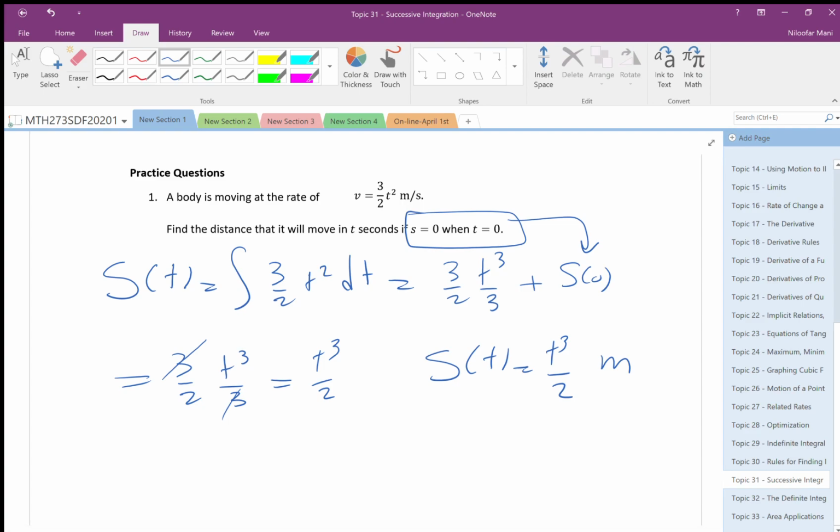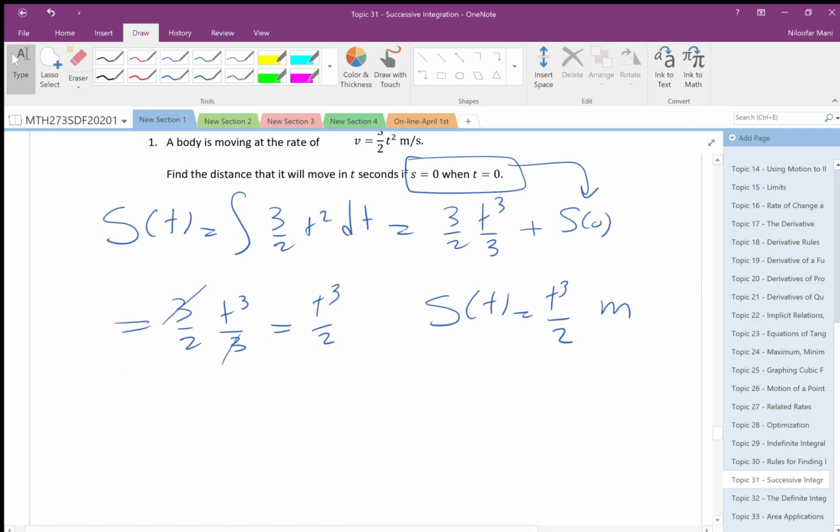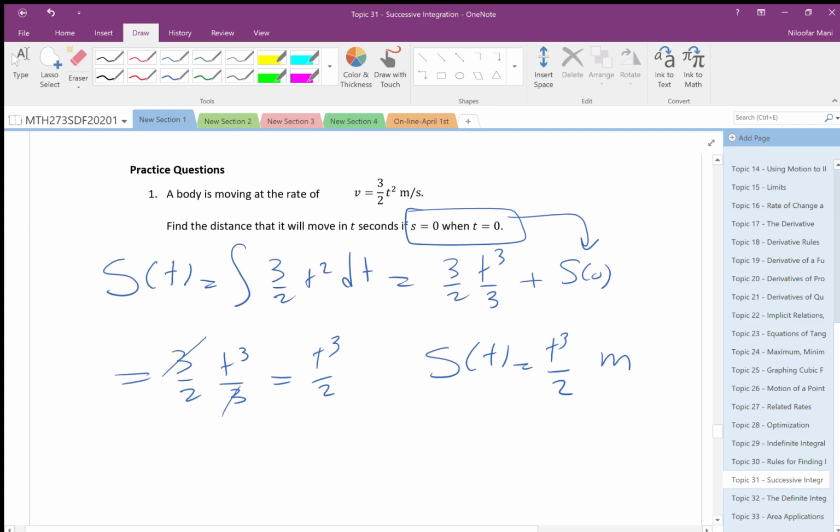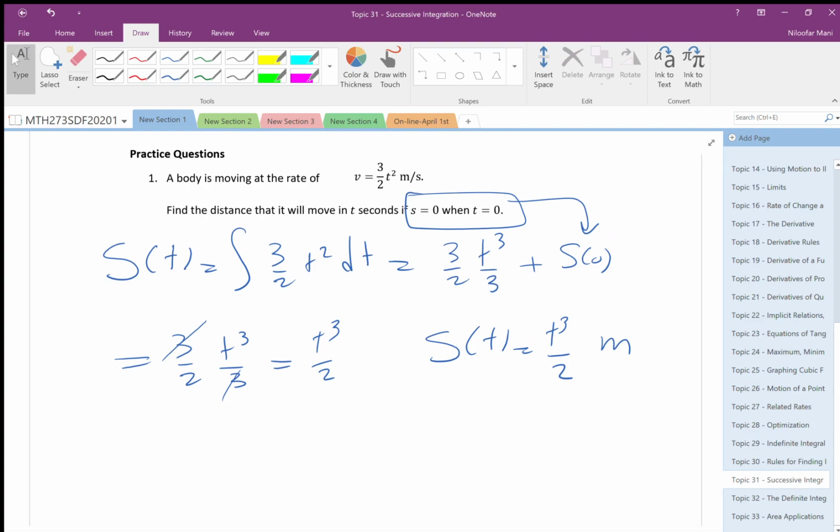So if the question is like this and the computer should mark you, make sure to answer correctly with the unit. Okay, so how many meters? Yes, you answered this here. So I have the velocity and I can go to distance, and I know s0 is 0, so this is my c, so c is 0.